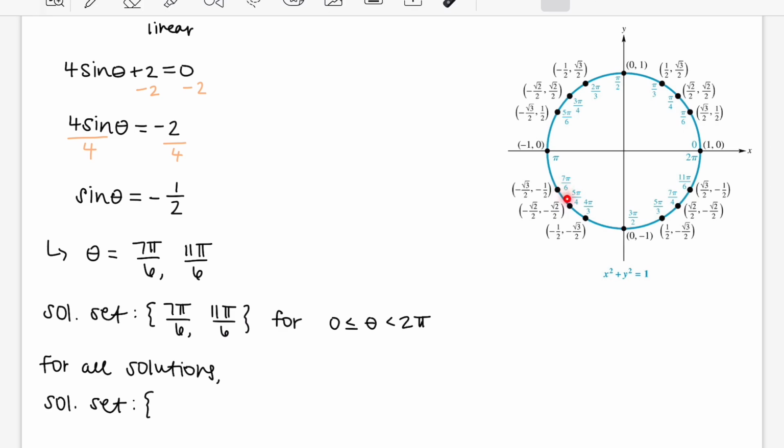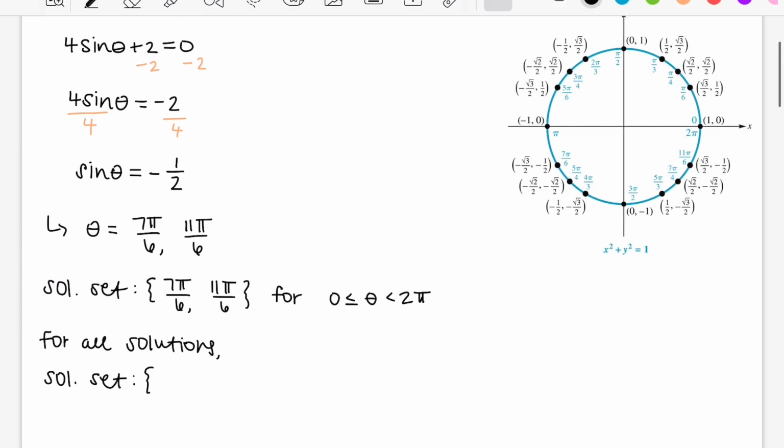But if we were to add one full rotation, this answer would also be a solution. This angle would also give us -1/2 here. If we were to do the same thing and add another rotation, we get the same thing. And similarly for this angle here, 11 pi over 6, if we were to add one full rotation here, we would also get sine of that angle is equal to -1/2.